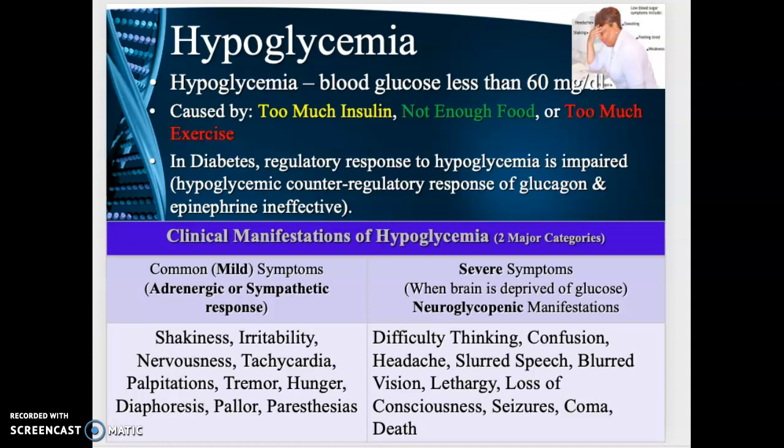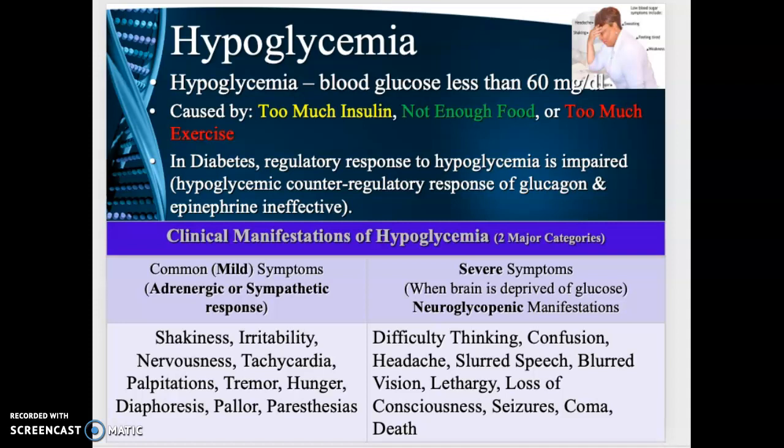Now, if you look at the bottom, there are two major categories of the signs and symptoms of hypoglycemia. On the left, this is mild hypoglycemia, and I wish you could see a patient, I could put one on a stool right in front of you that was diabetic, and we gave them a little bit too much insulin. As their blood sugar drops below 70 or 60, the person will initially become kind of shaky, maybe irritable, a little nervous, tachycardic.